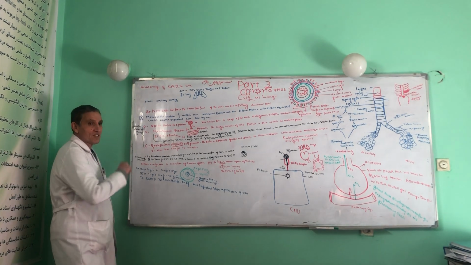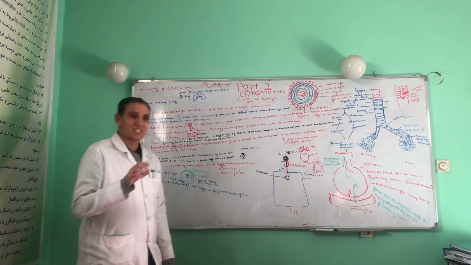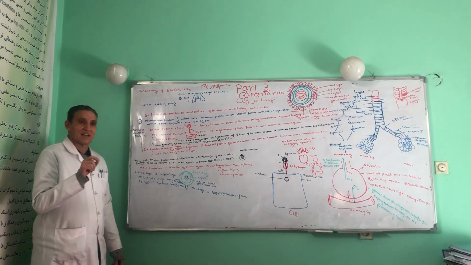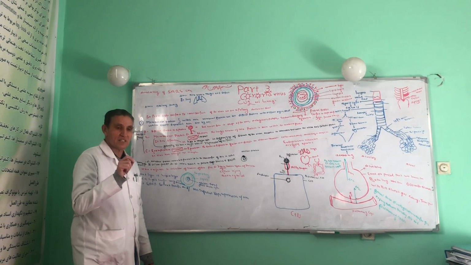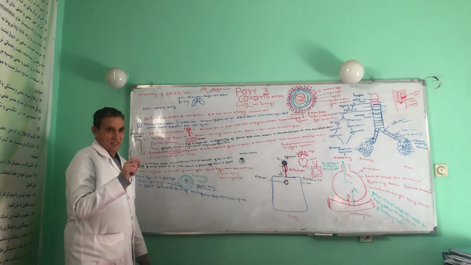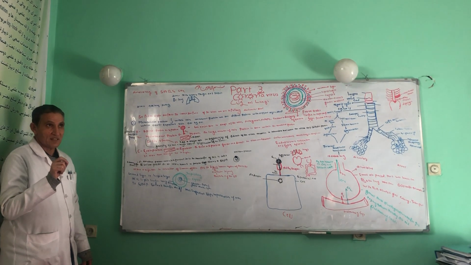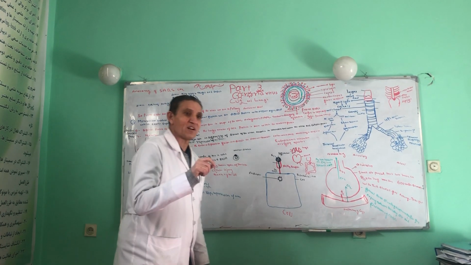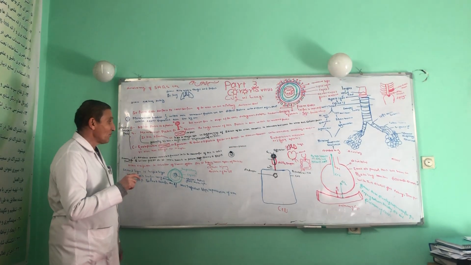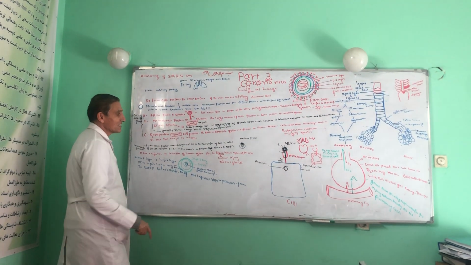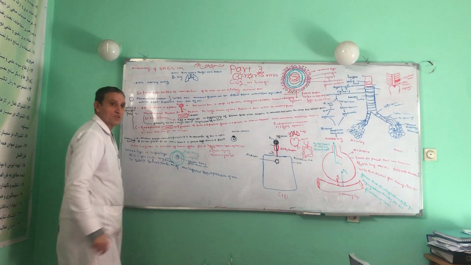So over the surface we have three proteins: membranal protein, spike protein, and envelope protein. We use S for spike protein, M for membrane protein, and E for envelope protein. Remember, another protein present on the inner surface of this virus is the nucleocapsid protein.